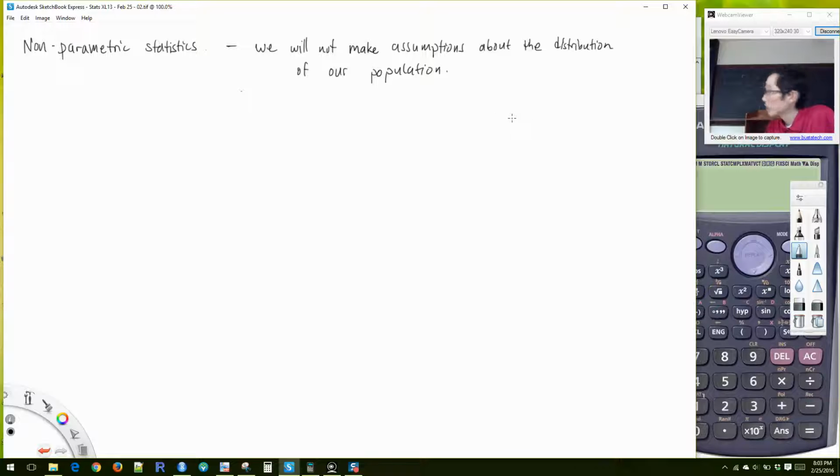And so, effectively, this allows us to compare two samples.